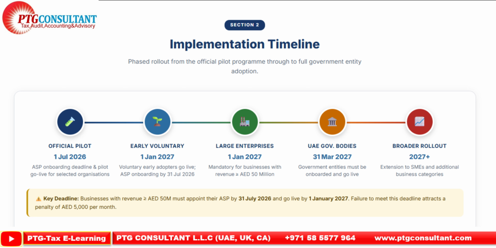Key deadline alert. Businesses with revenue of 50 million dirhams or more must appoint their ASP by the 31st of July 2026 and go live by the 1st of January 2027. Failure to meet this deadline attracts a penalty of 5,000 dirhams per month.